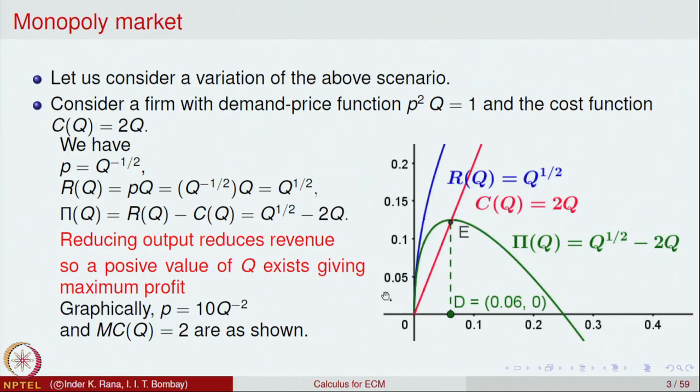If you look at the graph, as the production increases, the profit keeps on increasing and then it starts decreasing after some point onwards. The maximum profit occurs at the value q equal to 0.6. Not a very realistic situation, but still from the graph that is what we get.